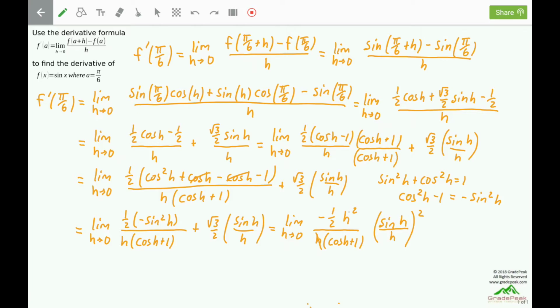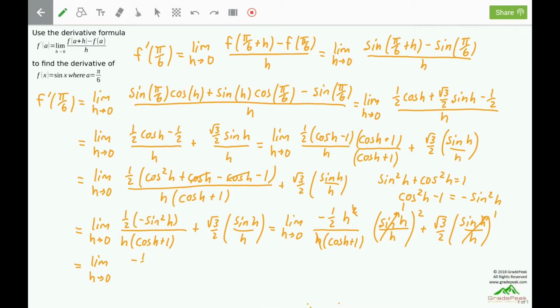One of the h's can cancel from the first fraction, so let's cancel that out. And then we have plus root 3 over 2 sine h over h. Once we've done all of that work, those sine h over h's will limit to a 1, and we should be able to plug a 0 into any remaining h's.